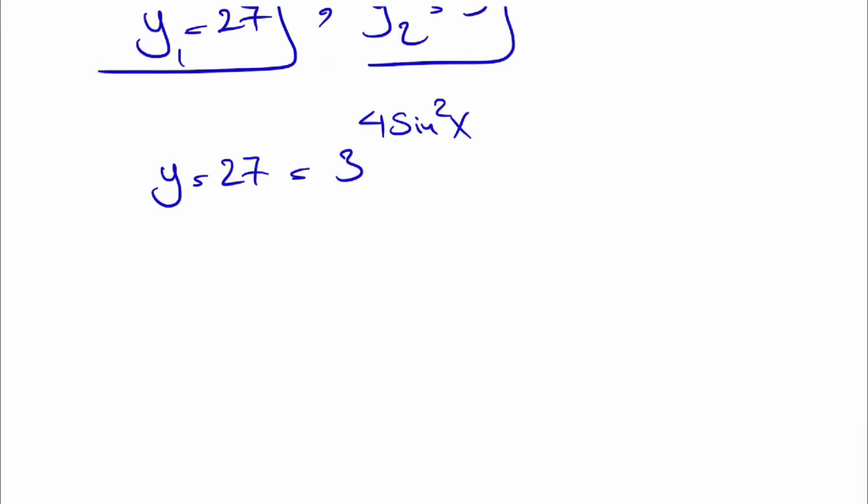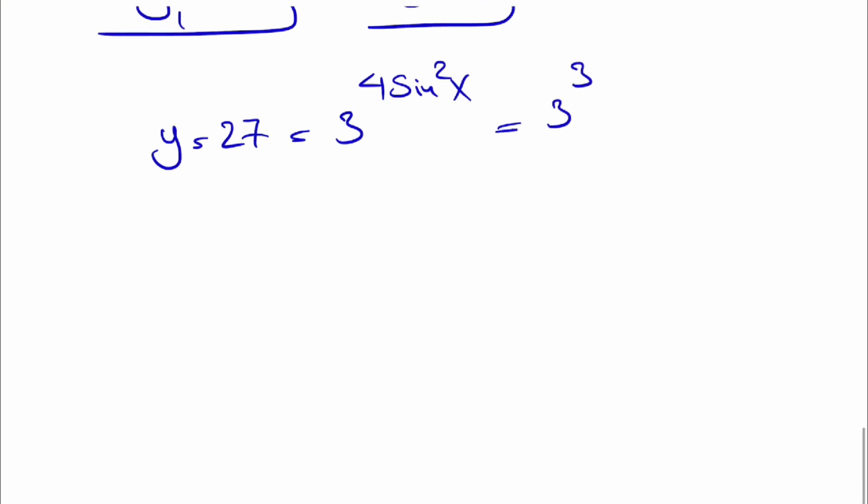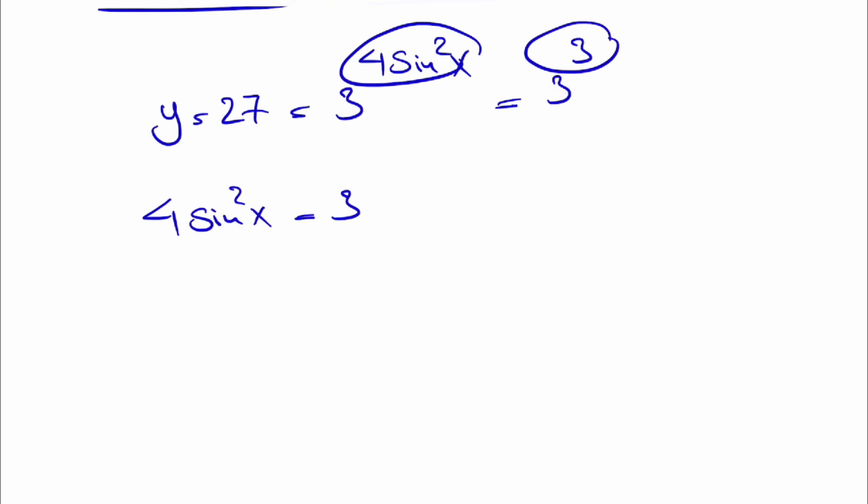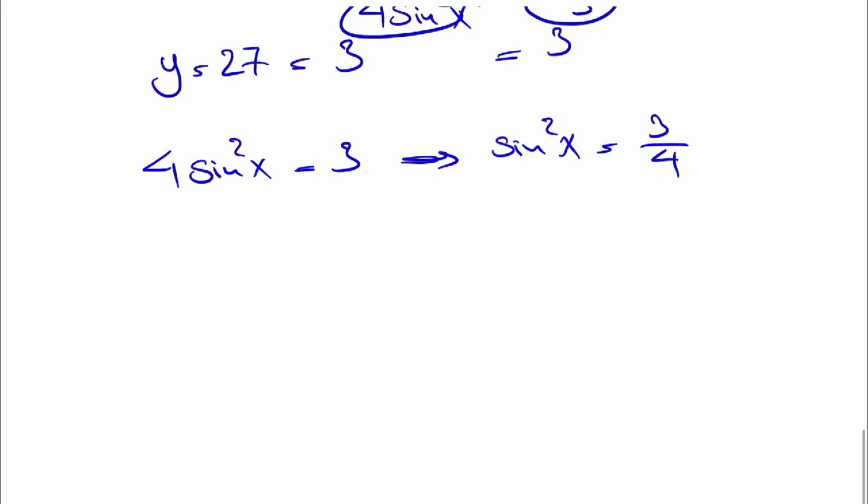And we know that 27 is 3 cubed. So if that's the case, our exponent in here has to be equal to 3. So 4 sine squared of x is equal to 3, meaning sine squared of x is equal to 3 over 4. If we take the square root on each side, the sine of x will be plus or minus the square root of 3 over the square root of 4, which is 2.